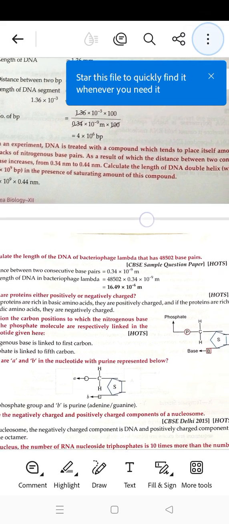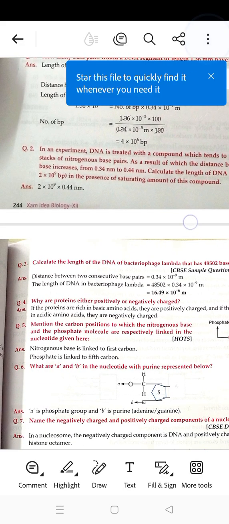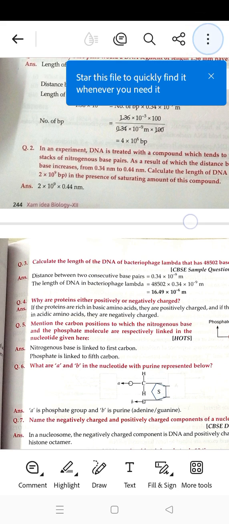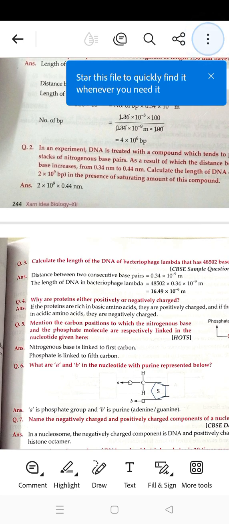Calculate the length of DNA double helix which has 2 into 10 to the power 9 base pairs in the presence of a saturating amount of this compound. So after applying the same formula you can get the answer.